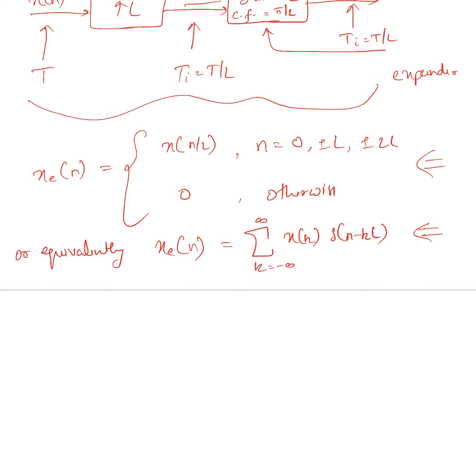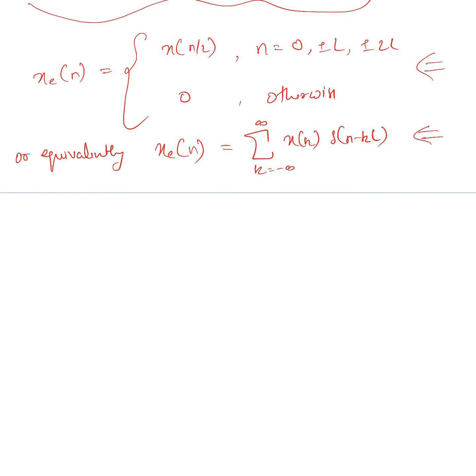Now let's visualize this equation in the frequency domain, like what we have been doing most of the time. In the frequency domain, I can write Xe of e to the power j omega as the summation over n of the signal xe of n e to the power minus j omega n.